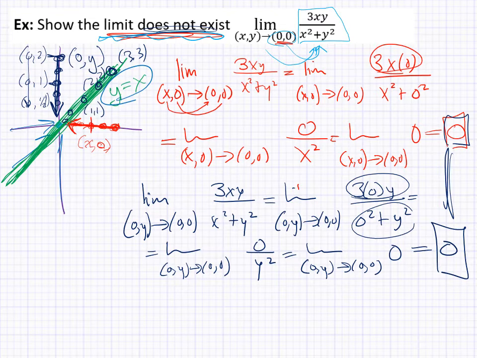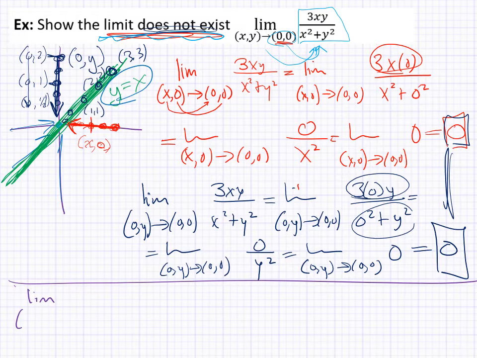Well, what they have in common is that the x and the y are the same. So I could write this as the limit as x, x gets closer and closer to 0, 0. The x and the y are the same, so rather than call them x and y, I just call it x and x, because they're the same value in both registers, the first and the second.